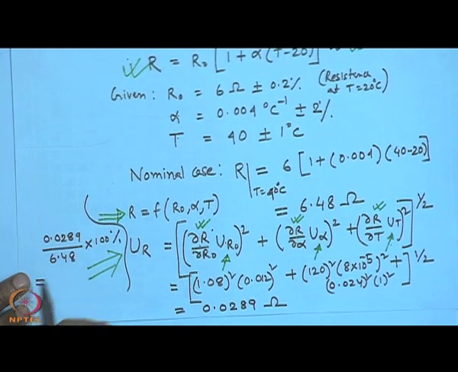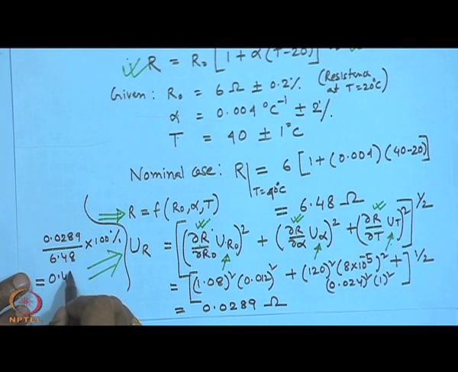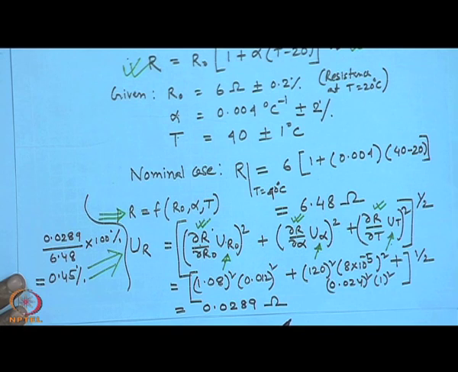This will come as 0.45%. So, we now know how to compute the overall uncertainty in the measurement. Let us take another example.